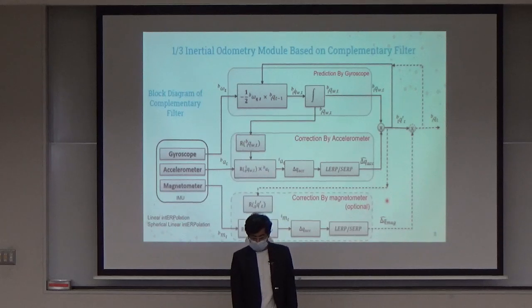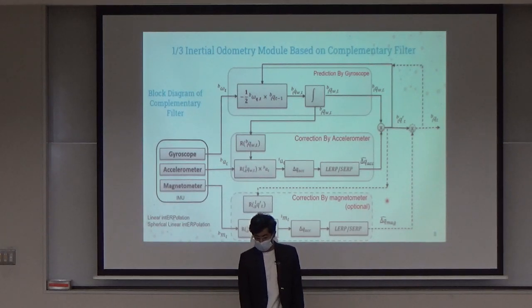Here, the design of the complementary filter is shown, where first the gyroscope data, which is angular velocity, is used as an input to predict the rotation by using integration and some signal processing. And as we know, the gyroscope has some noise, so the rotation predicted by the gyroscope also has some errors.